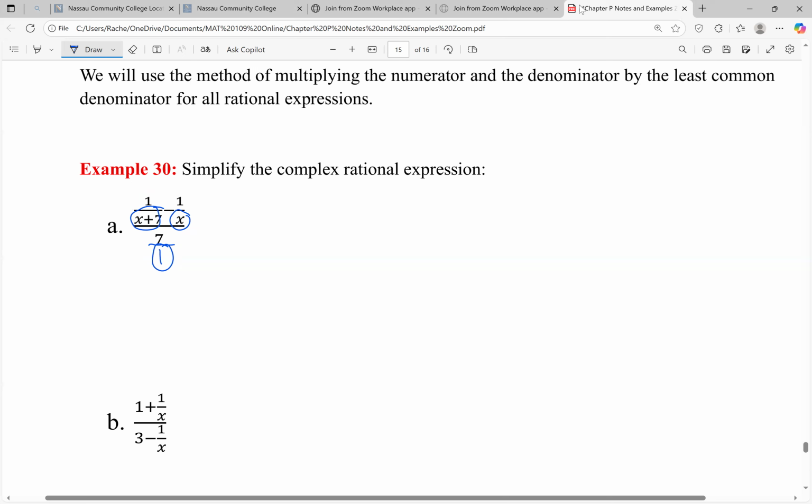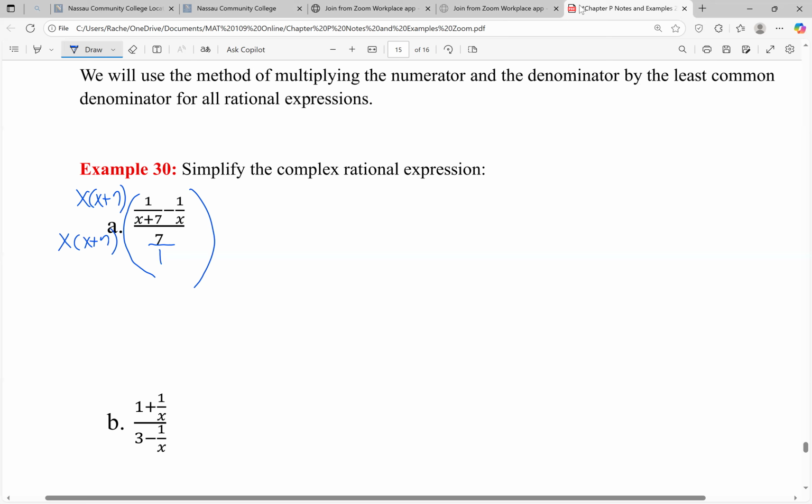It's going to be x times x plus 7, right? So I'm going to multiply the numerator and the denominator of this big complex fraction by x times x plus 7. So take x times x plus 7, multiply it by the numerator, and then take x times x plus 7 and multiply it by the denominator.